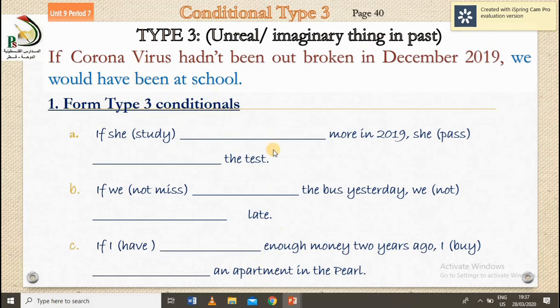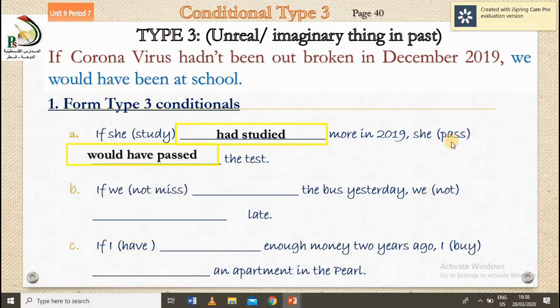And now please pause the video and write your answers. I will continue. If she had studied more in 2019, see, I gave you the time frame as well that we are imagining in the past. She would have passed the test.